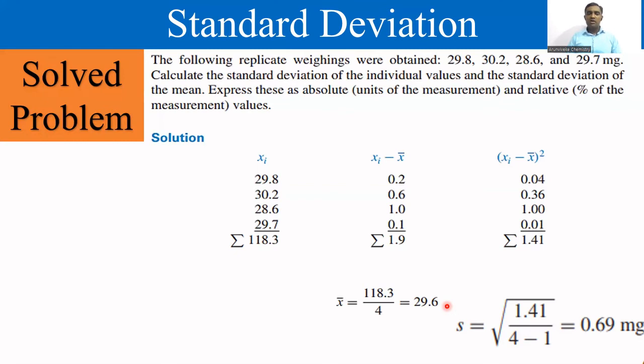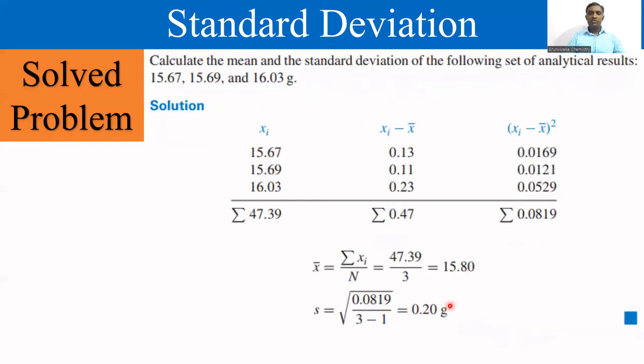So these values are closer to each other in the range of 0.69 milligram. In other words, they differ from the mean by this value, that is 0.69 milligram. So that is the use of standard deviation, representing the precision of the value.